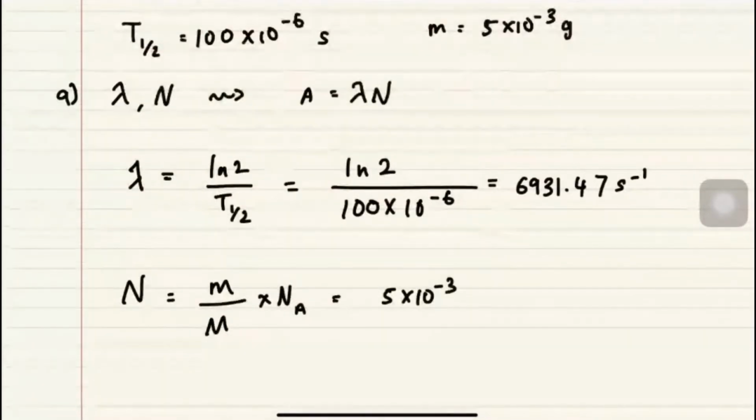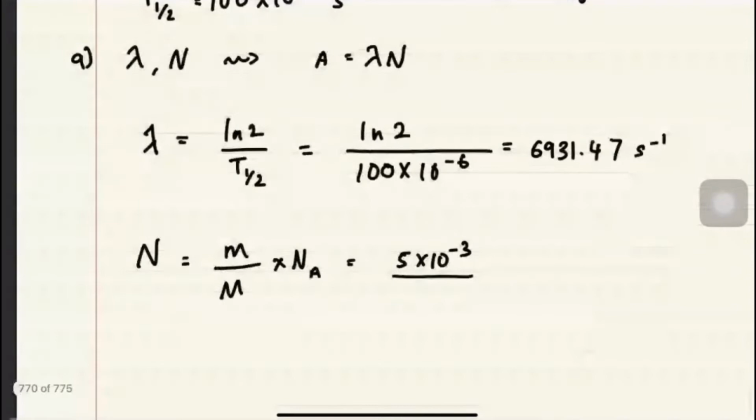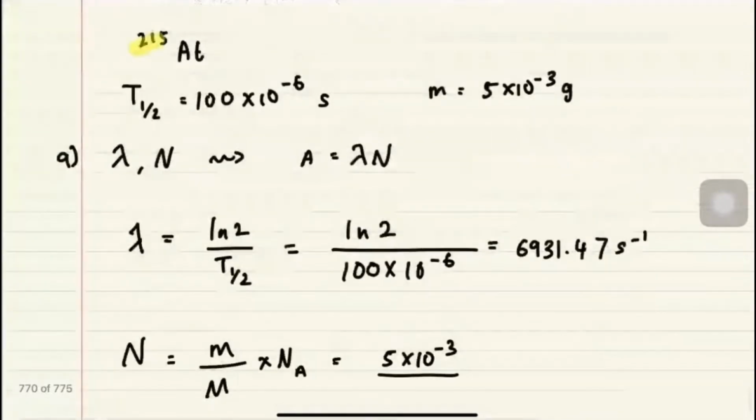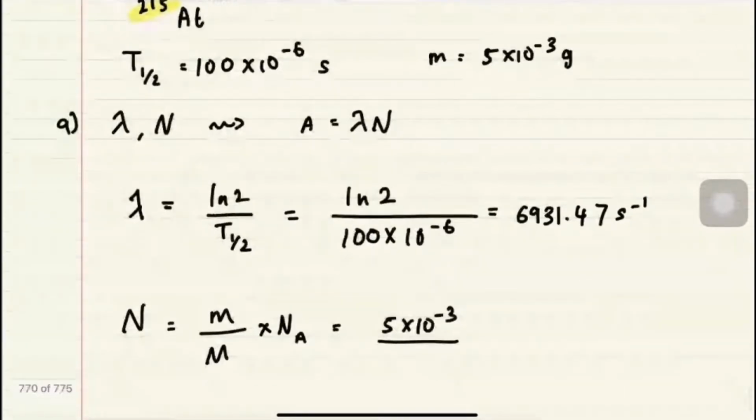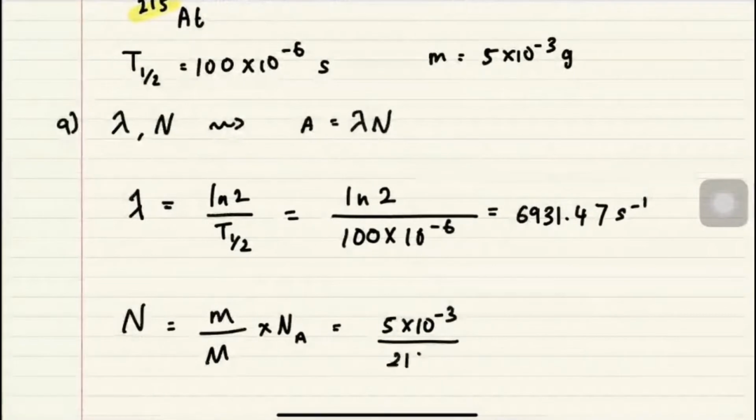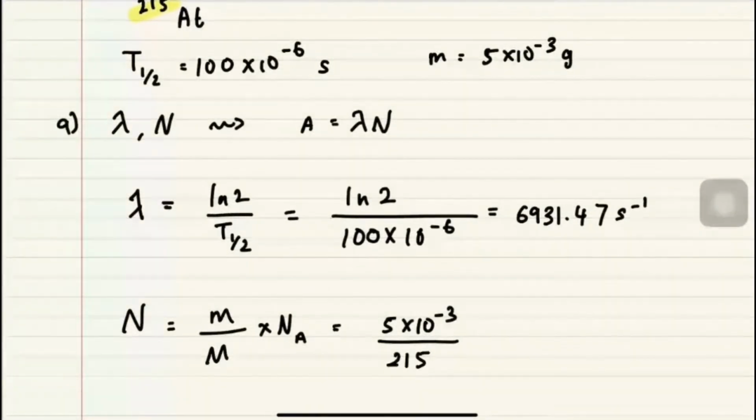Okay, remember yang number 215 tu, this one unit dia adalah gram per mole. So if you want to straight away use the 215, you have to change mass into gram. Avogadro's number 6.02 times 10 to the power of 23. Numbers of nuclei is equals to apa ni?